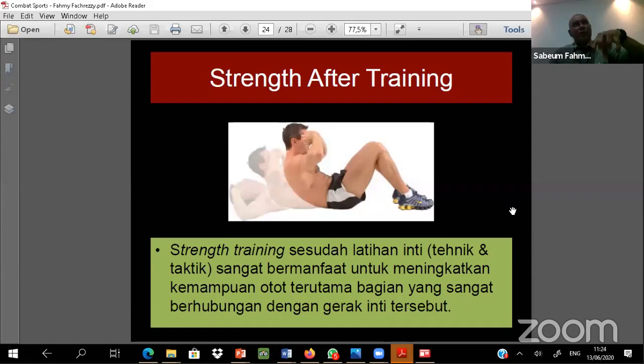This is different from the training session for weight training. In the technical or tactical session, core training is good for refreshing your muscle. But another day you have one special weight training session. You go to the gym. It's different.